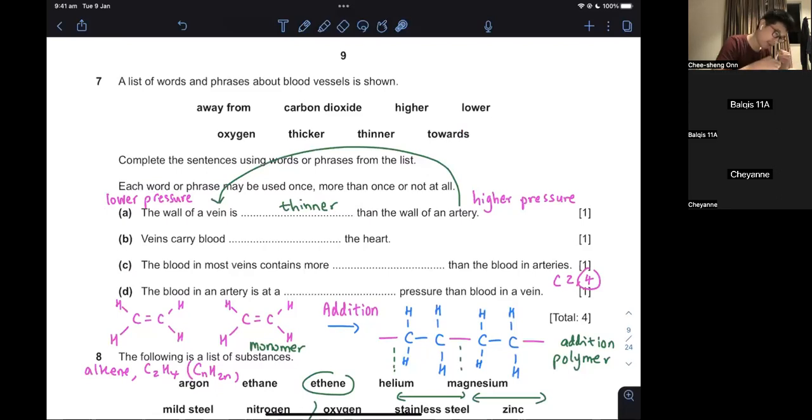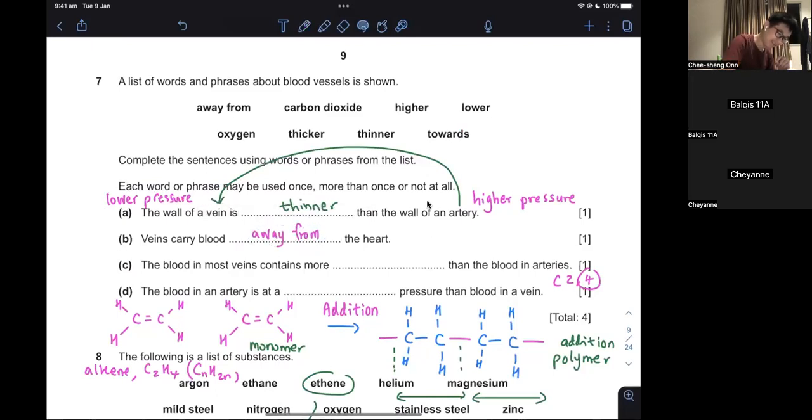Okay, so veins carry blood. Carry blood away from or towards the heart? This is what you really have to help me with. I have no idea. Away. Oh, Balkis got away as well. Are you there, Balkis? Yes. Oh, so the audio is back.